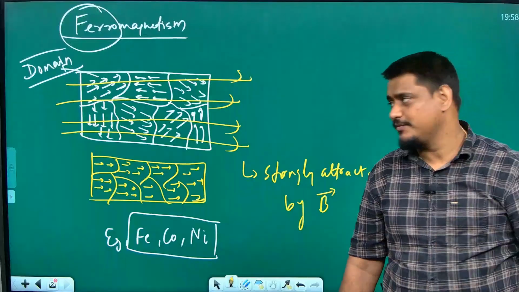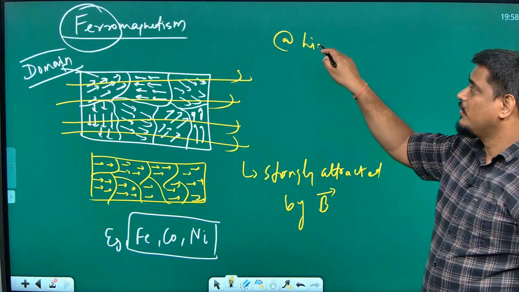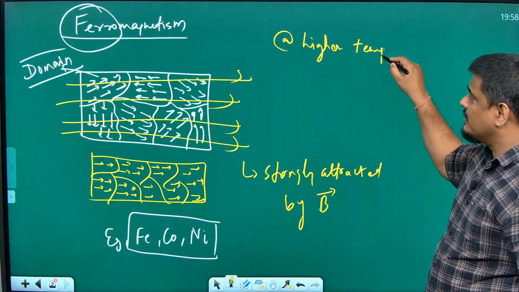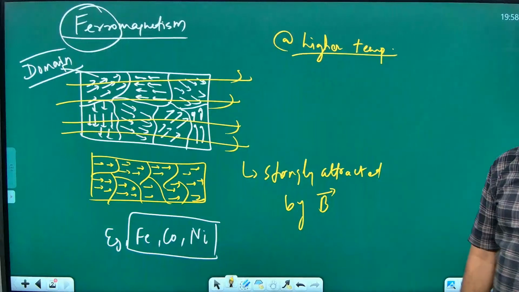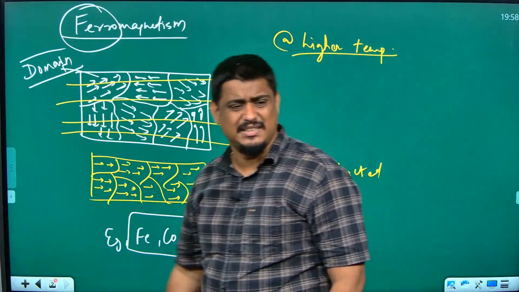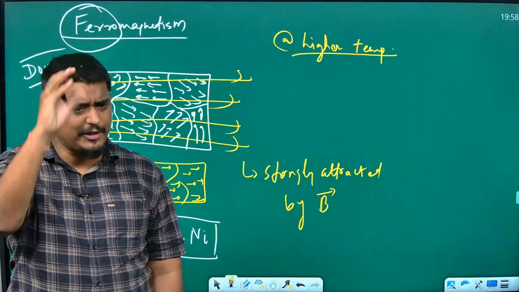Now please pay attention. What happens at higher temperatures? It is found that at very high temperatures, for example for iron it is around 730 degrees Celsius, if I am not wrong, I don't know the exact value, but some such value.